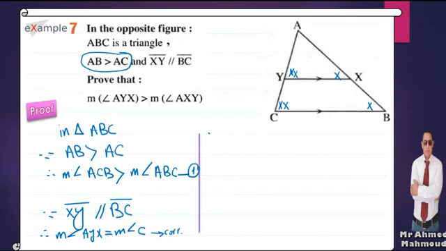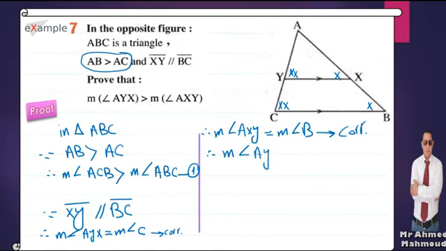And therefore the measure of angle AXY equals the measure of angle B, also corresponding. Okay, therefore the measure of angle AYX is greater than the measure of angle AXY. The next example.